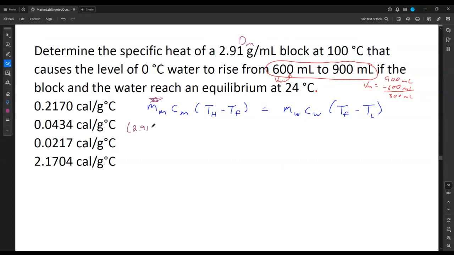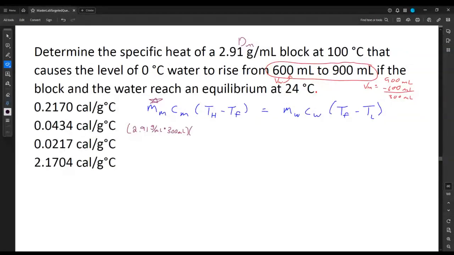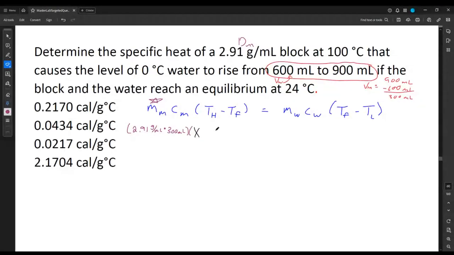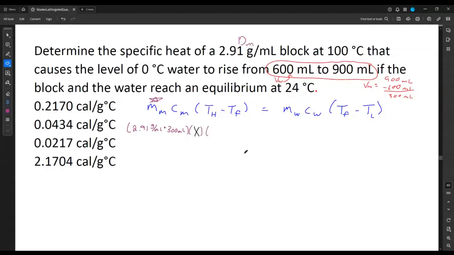So now we've got 2.91 grams per milliliter, and that's going to multiply by the volume, 300 milliliters. Then it says find the specific heat of the block. So we are searching for this thing. So I'm going to throw a big X in the middle of this and even make it a different color so it's easier to keep track of.